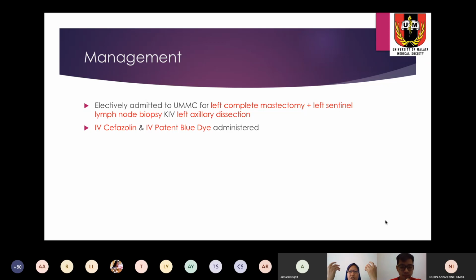Chemotherapy is a must. Most of the time, stage 3 and 4 patients will need chemotherapy. For stage 2, in a patient with lymph node positive, you have to proceed with chemotherapy.